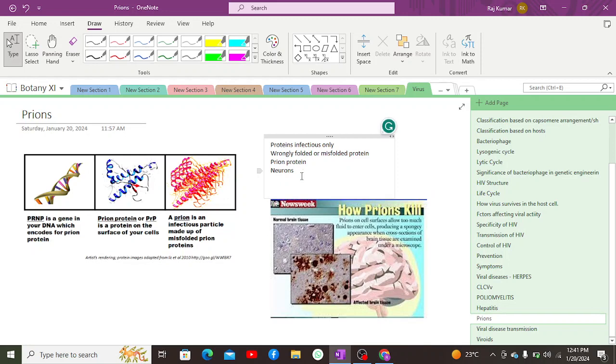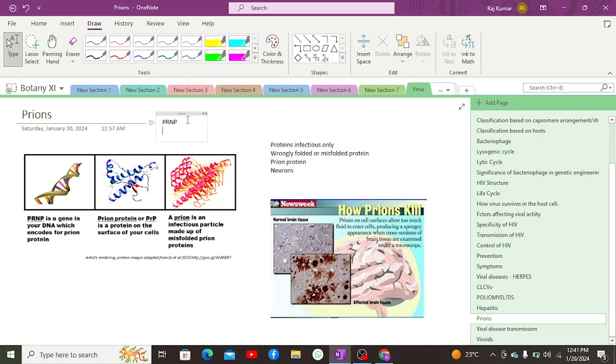The gene which synthesizes the prion protein is known as the PRNP gene, which encodes for the prion protein.